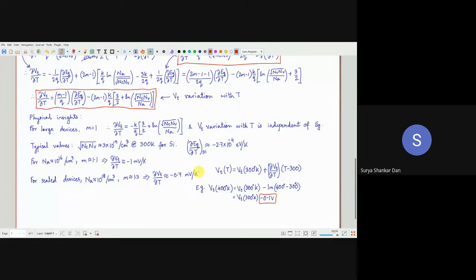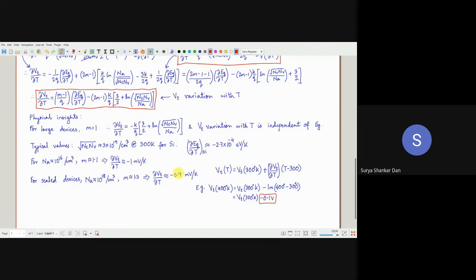Okay. So what we get is, if we are increasing the substrate doping, then del Vt del T can reduce from the previous one. So here it is 10 power 16. Here it is 10 power 18. So it will reduce.